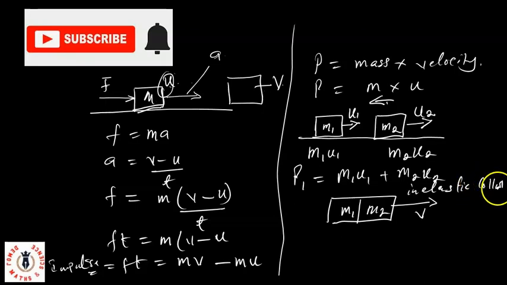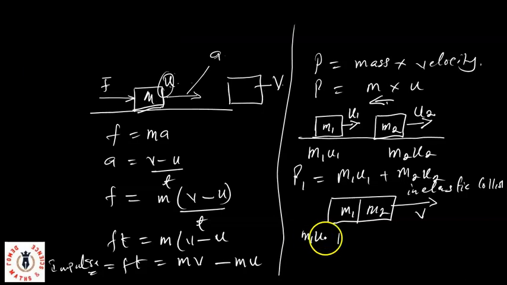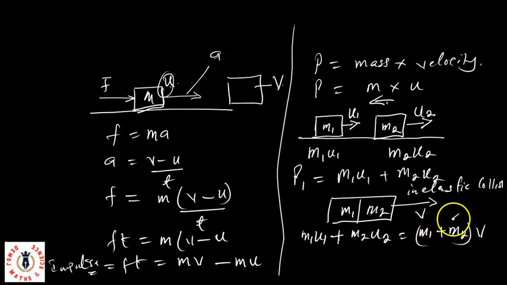If they move together, my m1 u1 plus m2 u2 becomes m1 plus m2 into v. Then the collision is said to be inelastic.